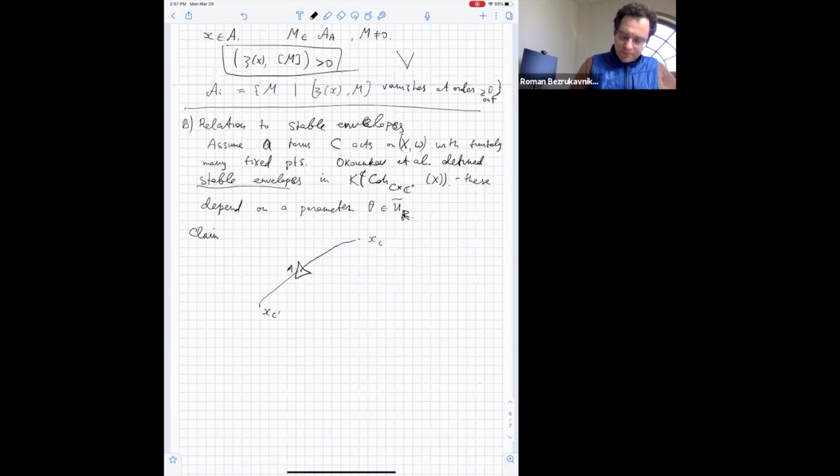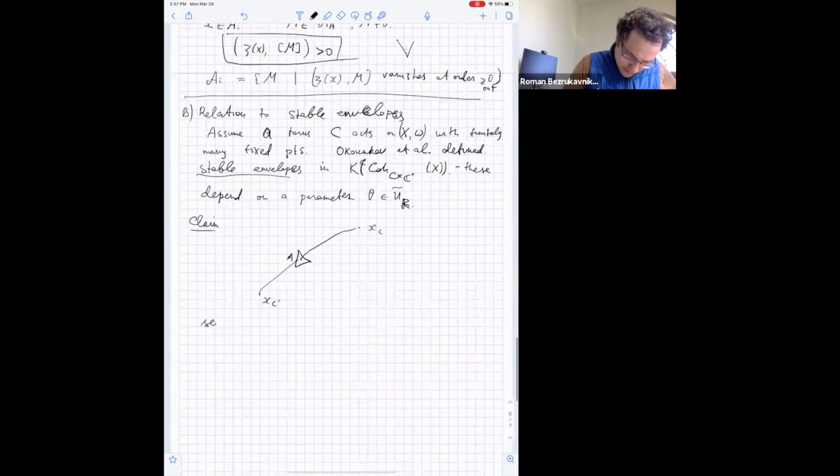Then this equivalence sends stable envelopes for parameter theta in A on xc to those on xc prime.